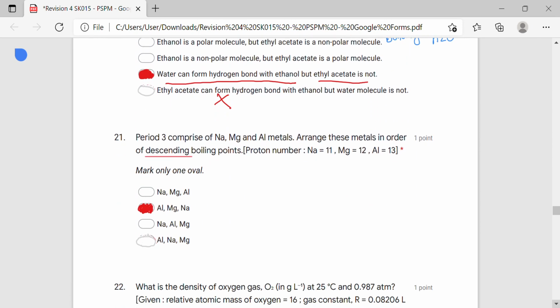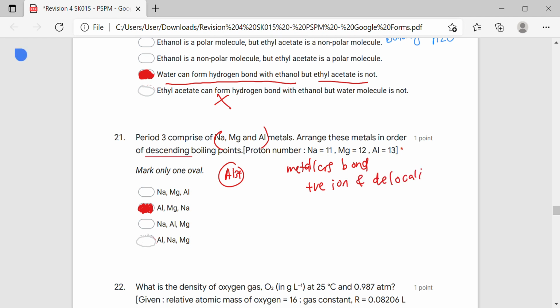So in period 3 we have the metals sodium, magnesium, aluminium. Arrange the metals in order of decreasing boiling point, starting from the highest boiling point. Refer to the definition of metallic bond. Metallic bond is the bonding between positive ions and their delocalized electrons. Aluminium is 3 plus, meaning the bonding is 3.